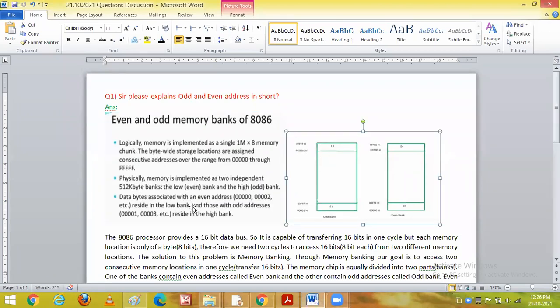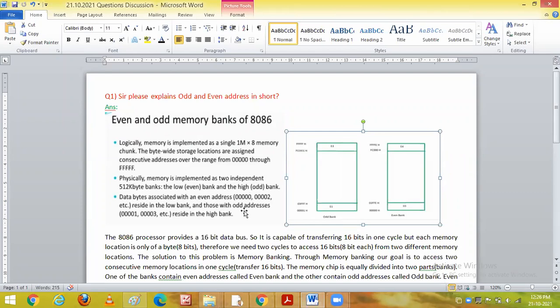And the physical memory is implemented as two independent 512 kilobyte banks. In that 512 KB memory, the even numbers bank we also call the low bank, and the odd numbers bank we call the high bank. It is for our convenience, as the inventor's convenience.